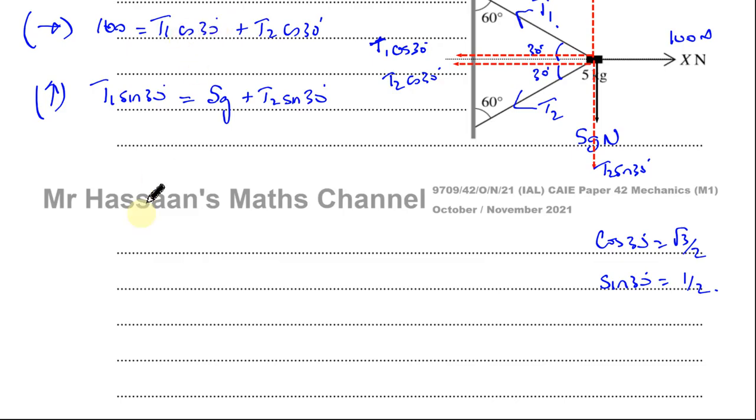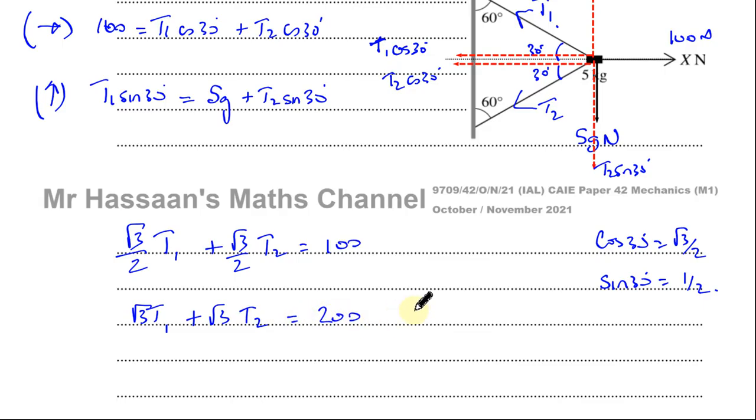So this is going to be root 3 over 2 T1, plus root 3 over 2 times T2, is equal to 100. And then we can simplify this by multiplying both sides by 2. So we're left with root 3 times T1 plus root 3 times T2 is equal to 200.